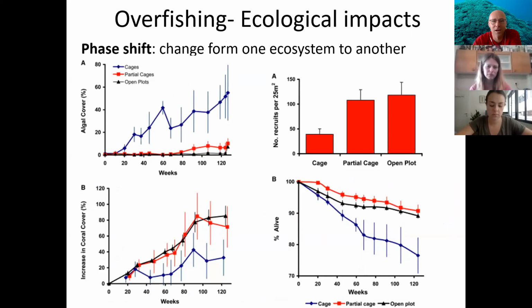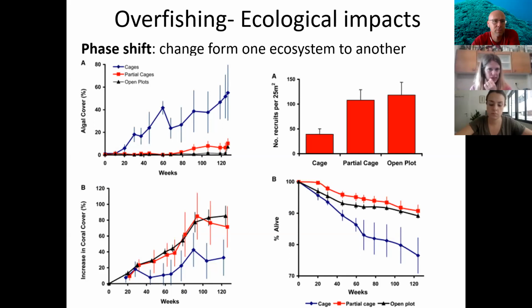And the question is, are we good? Are we bad? What's going on with the conditions? So I'm going to show you an experiment done in Australia, and it's a cool experiment. They wanted to see what's the difference in the environment if we change the amount of herbivorous fish, meaning fish eating the algae.